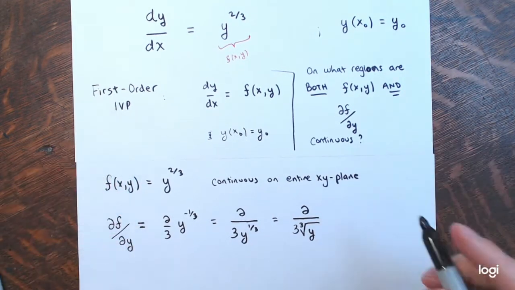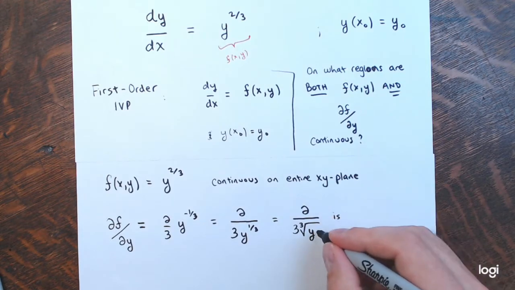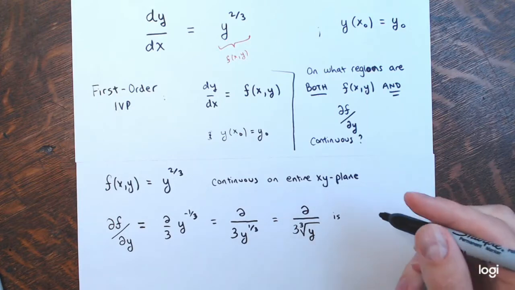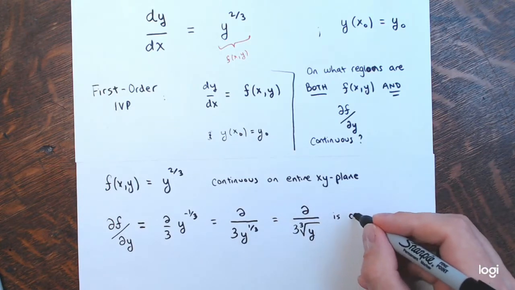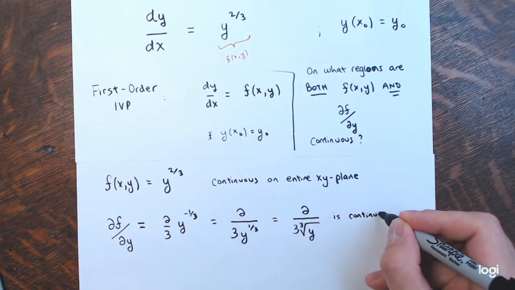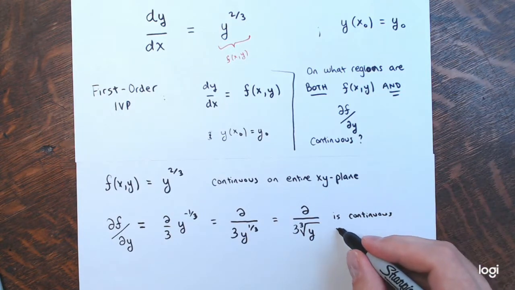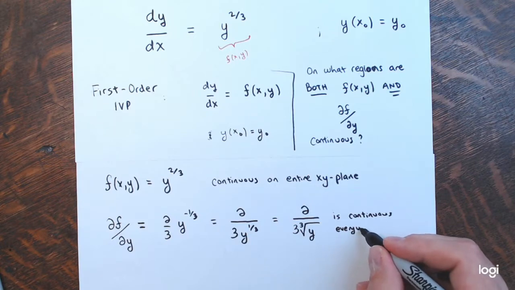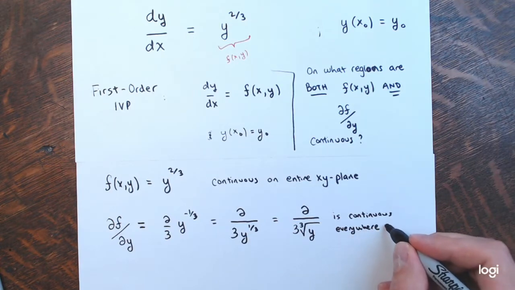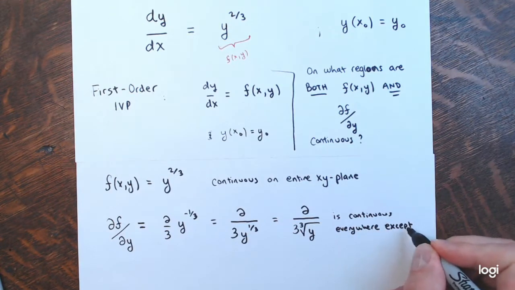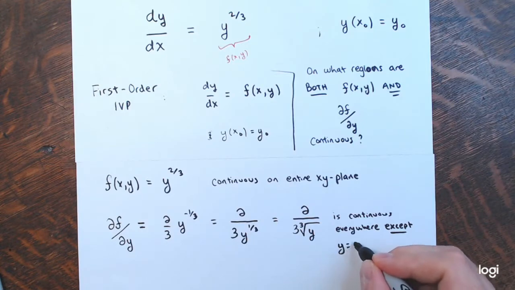Now this is defined everywhere as long as y is not 0. So this would be continuous everywhere except when y equals 0.